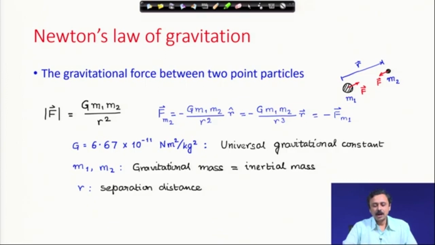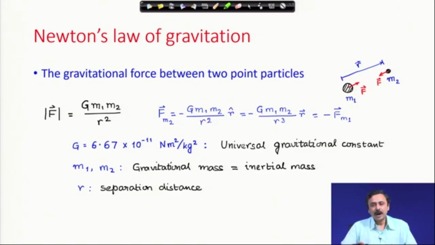M1 and M2 are also called gravitational mass. We have been using in Newton's law mass m, mass into acceleration is force. That mass is usually referred to as the inertial mass. For example, mass into acceleration is the inertial force.